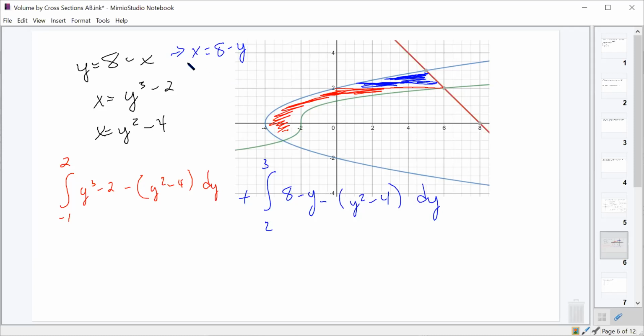So solving for it and setting them equal to each other should be pretty straightforward. The hardest one would be setting the cubic equal to probably the parabola, but they intersected nicely. There was a nice simple value. Any other questions on that?